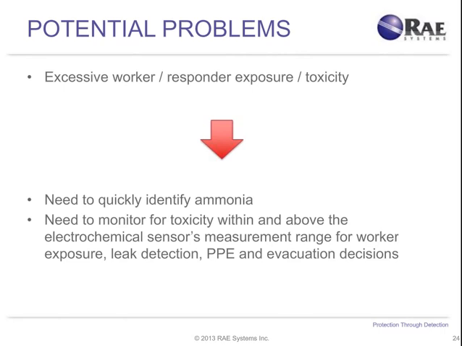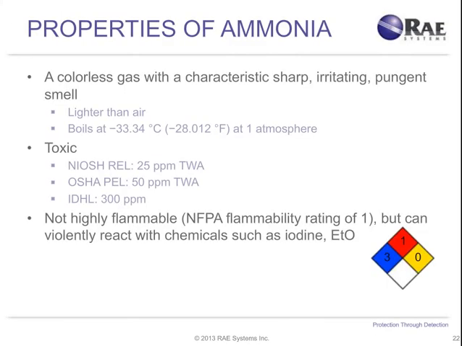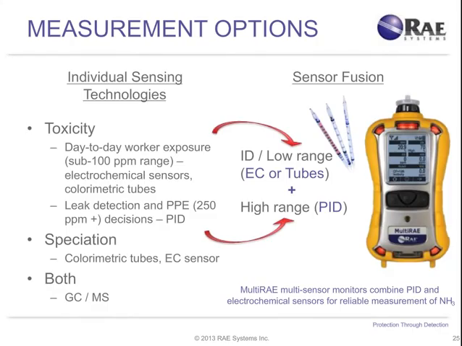And we saw that these levels are at 50 ppm according to OSHA and 25 ppm, the recommended exposure limit according to NIOSH. Decisions on using personal protective equipment are made at higher concentrations. And so we need to be able to measure fairly lower concentrations of ammonia, but still concentrations that may go beyond the range that can be measured by an electrochemical sensor, for example, right?